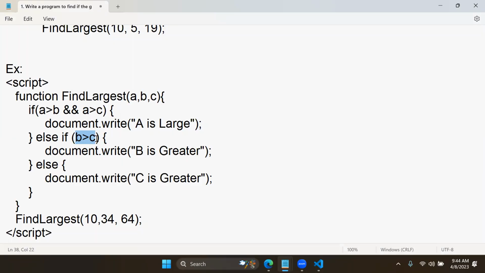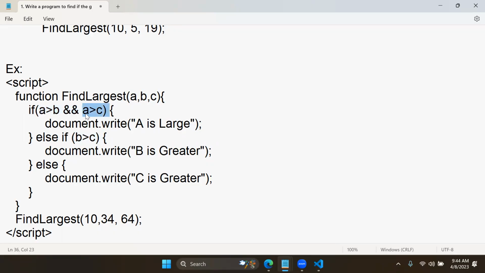A is already compared with B, and A is compared with C. Now only B and C should be compared. If B is greater than C, that means B is greater. Otherwise, C is greater. Why? Because it was already compared with A above.